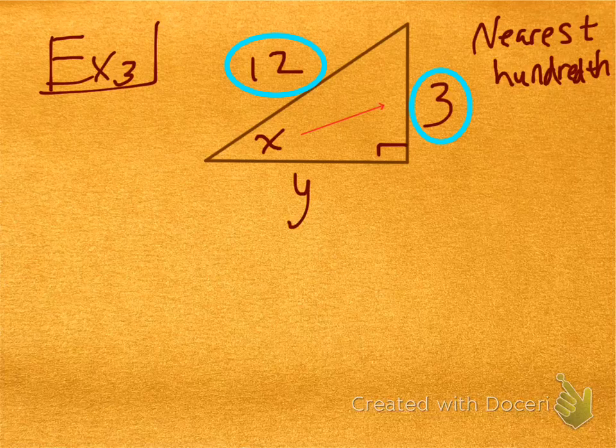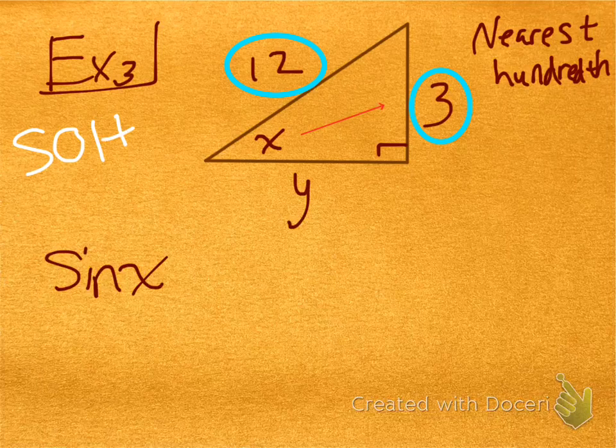So the ratio I want to use is sine of x, because we're dealing with the opposite and the hypotenuse. As you remember, sine is the S-O-H in SOH-CAH-TOA. So sine of x equals the opposite side length, 3, over the hypotenuse, 12.